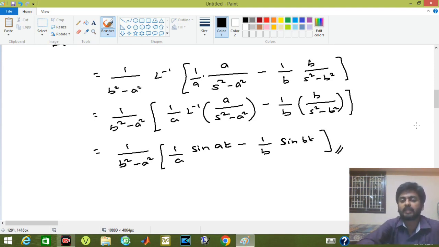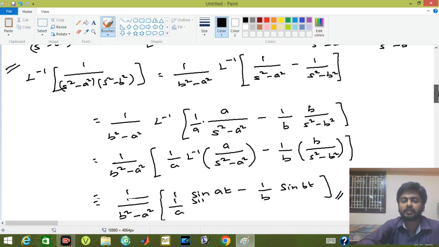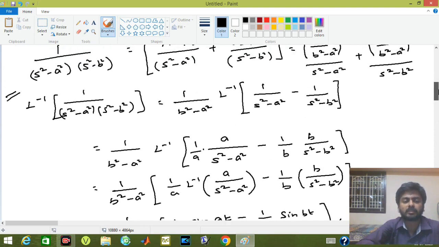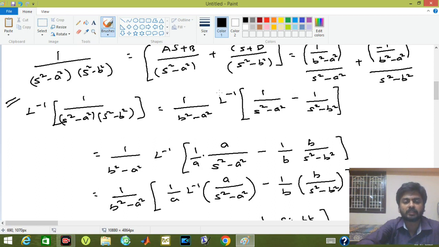We are having a second problem now, that is s divided by s square minus a square and s square minus b square. So how to solve that?